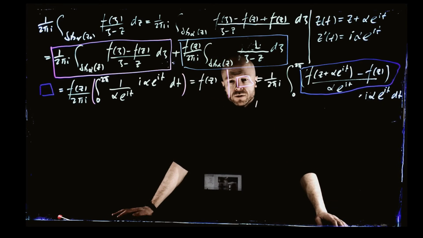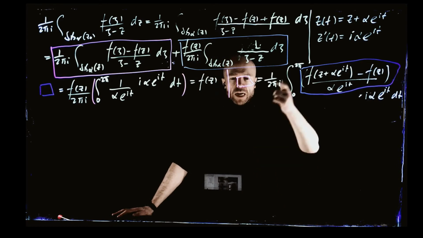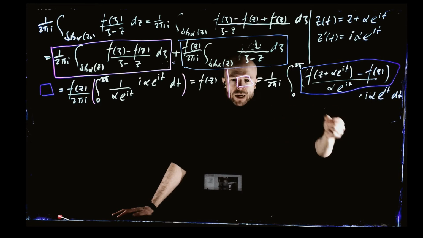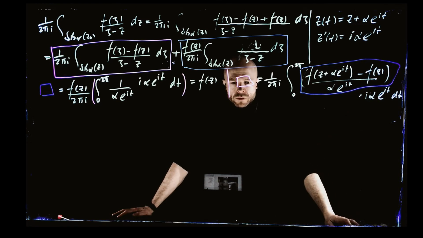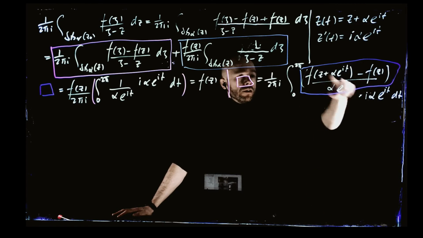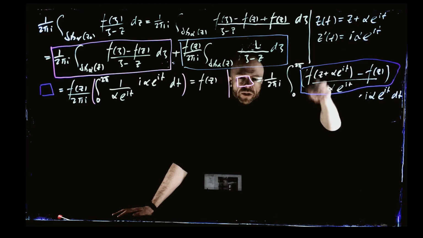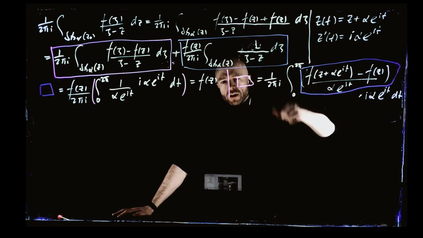So we can guarantee the absolute value of this thing is less than twice the absolute value of f prime of z. Are you with me, everybody? Give me a thumbs up if you're with me. All right, cool. So this thing for small enough alpha is just a bounded thing. It's bounded explicitly by something we know, twice the absolute value of f prime of z.